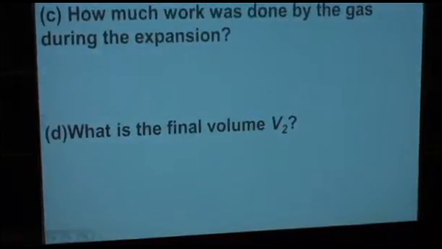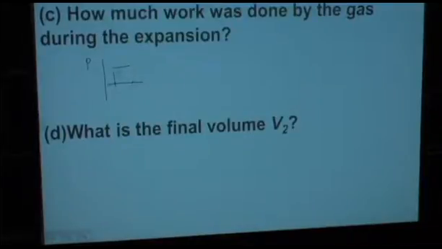How much work has been done? Well, we actually have it found already. We just didn't use that number because, again, the work should be equal to this area, which is pressure times delta V. Again, this equation only works when the pressure remains constant. If it's not the case, this works always.